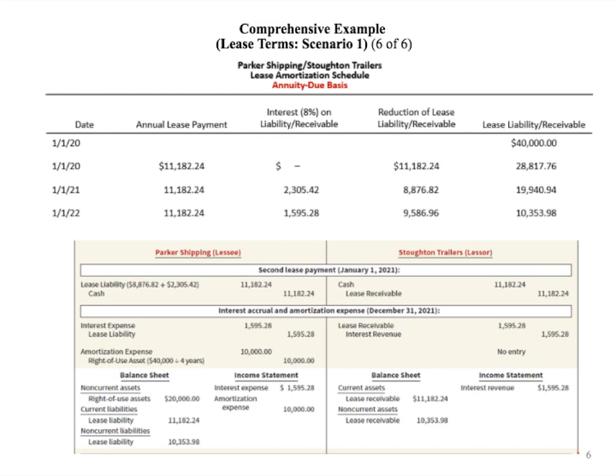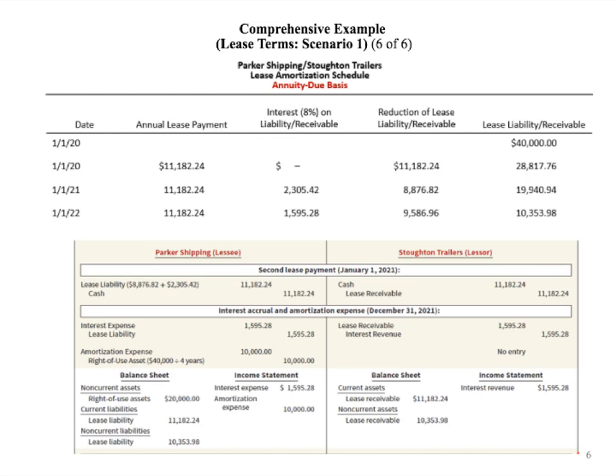On the balance sheet we show the current asset, the next payment of 11,182, and then your lease receivable as a non-current asset will be roughly 10,000. And then on the income statement, we only have interest revenue. We already recognized the sales and the cost of goods sold in the prior year.